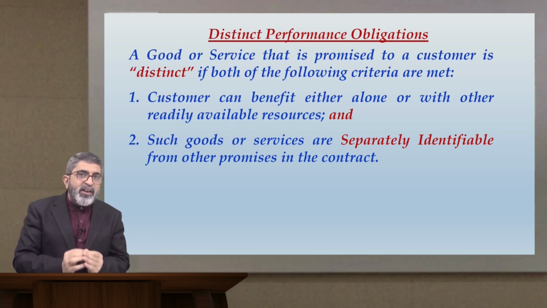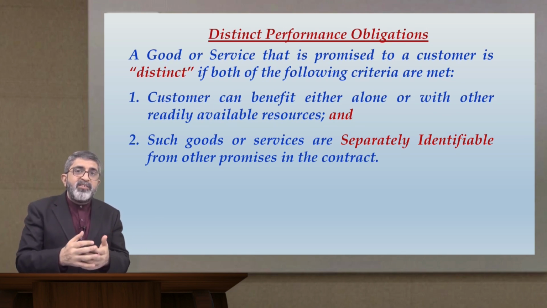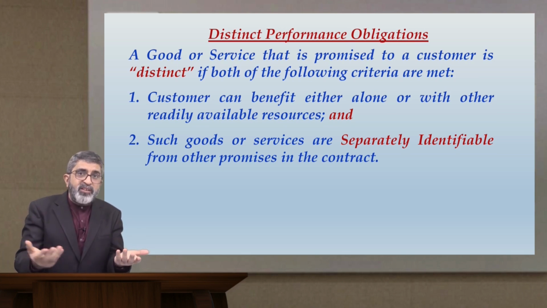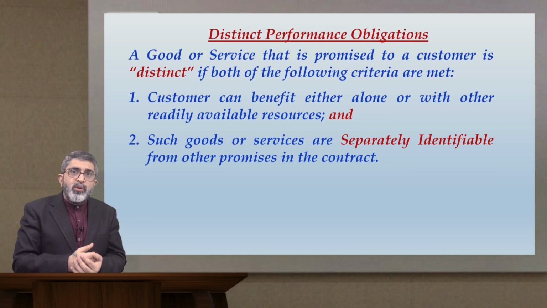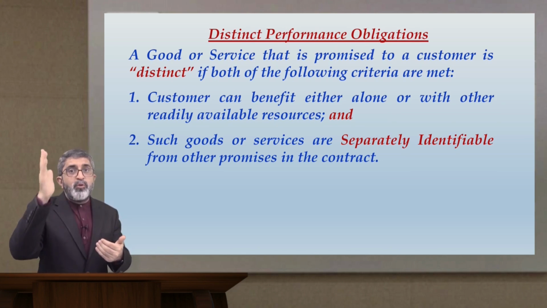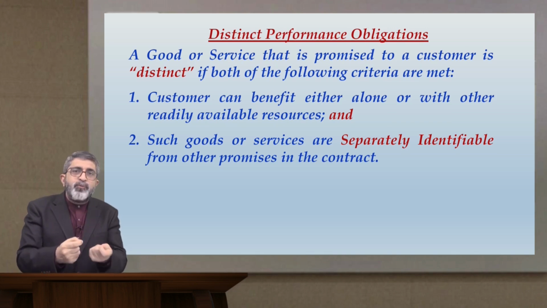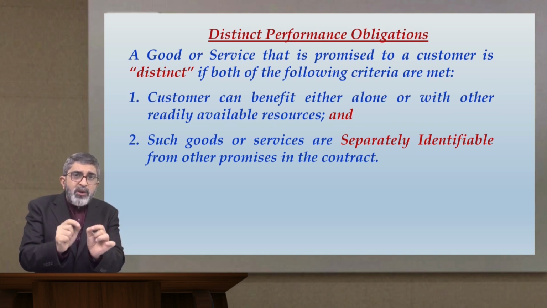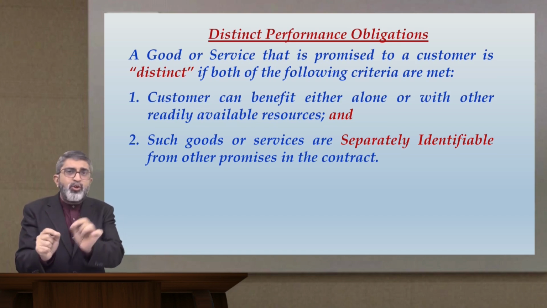If the contract you have made with me asks me to provide multiple goods and services on a rental basis, though it could be an example from the viewpoint of lease, just for the sake of giving an example, if I am providing multiple goods or services, are you able to identify each as distinct or not?